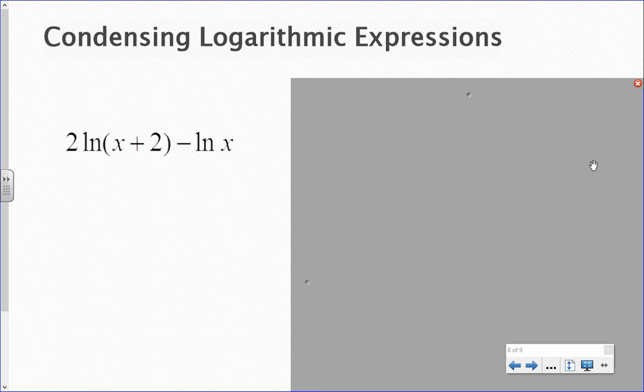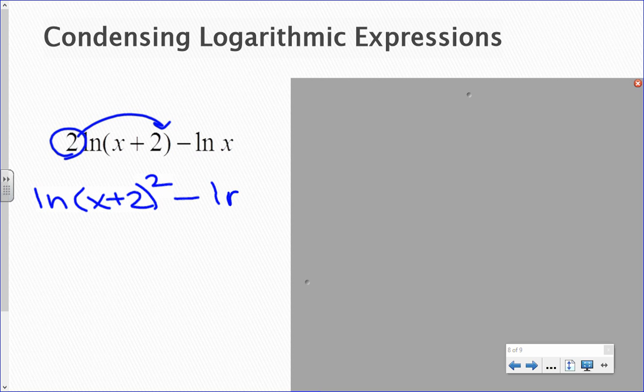Okay, we have this 2 multiplied right here. It needs to become an exponent. So the natural log of x plus 2 the quantity squared minus the natural log of x. And then since we have 2 logarithms that are being subtracted, what do we need to do? We need to divide, but make sure you are dividing inside of 1 logarithm. We're dividing inside of just the 1 logarithm.